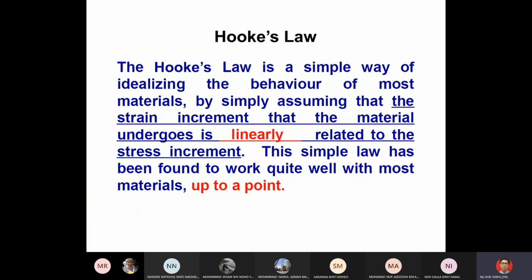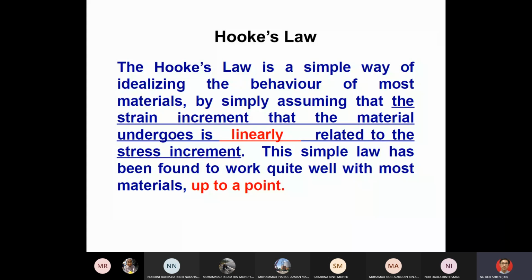So the most common modulus that we learn is actually the Young modulus for the linear elastic material, and these linear elastic materials can be described using Hooke's law. The most simple model, because Hooke's law actually describes the linear elastic material. Basically when you apply the stress, then you have an increment of strain linearly.